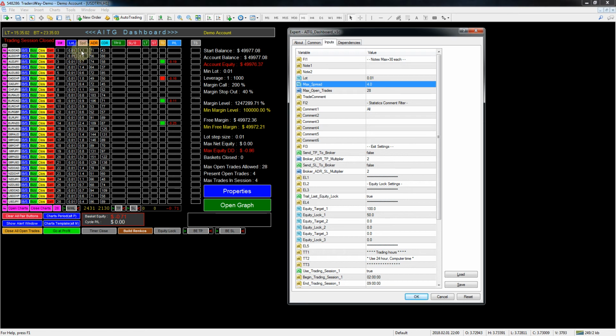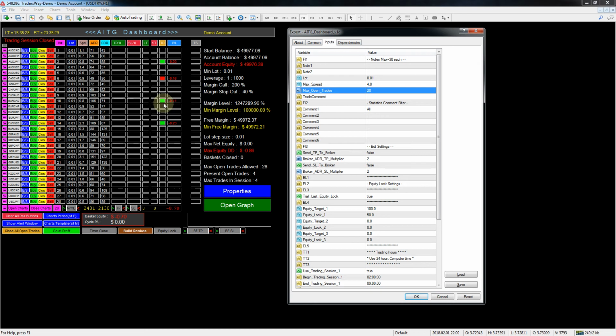Right now the spread is all under 4, so you're good to go. If it gets above 4, these will turn to red, and you cannot take a trade if these are red. Number of open trades. Maximum open trade you can have at one time is 28. Now you can exceed 28 if you keep clicking on the manual ones over here.